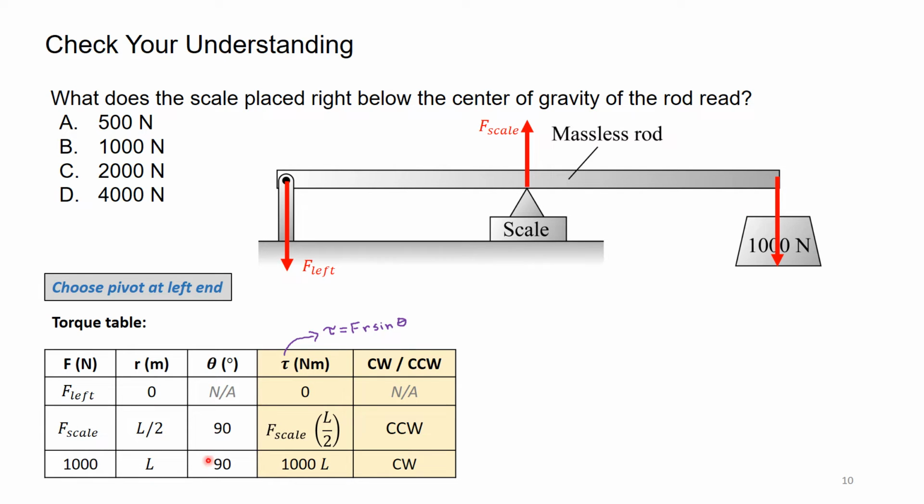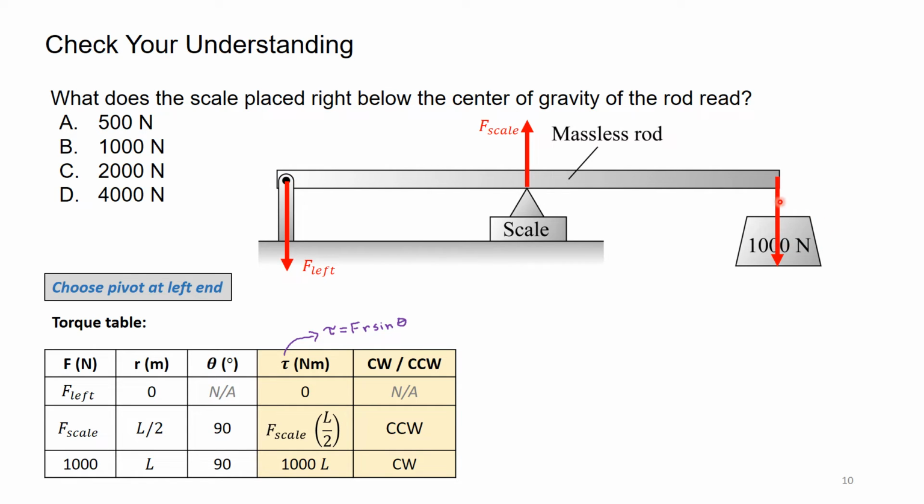So you calculate torque, so multiply the 1000 with L with sine of 90, you get 1000 L, and this torque is going to be clockwise. So imagine that you fix the left end of the beam, so fix a pole to the left end of the beam, and then you pull down on the right end.